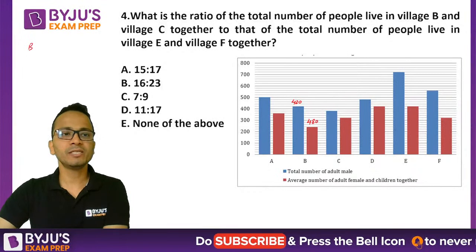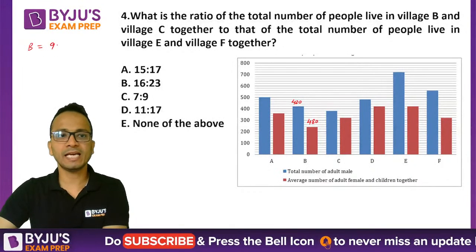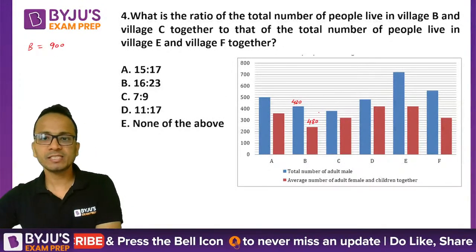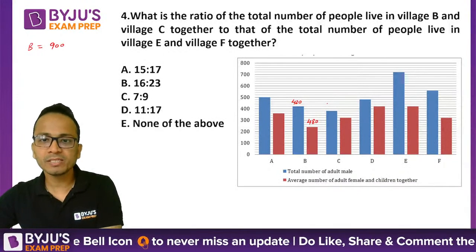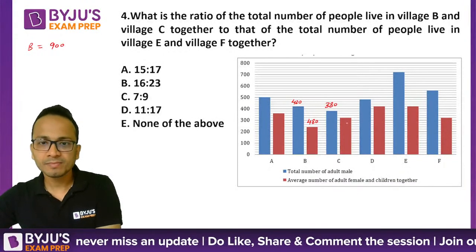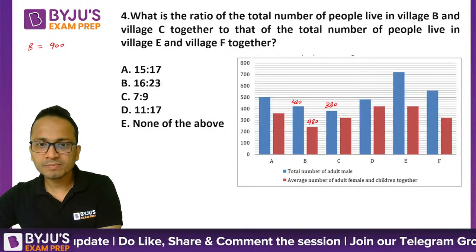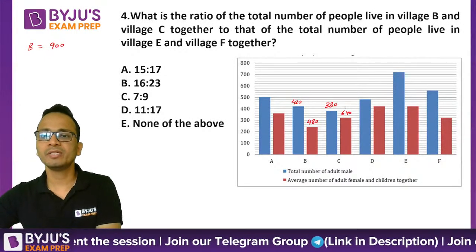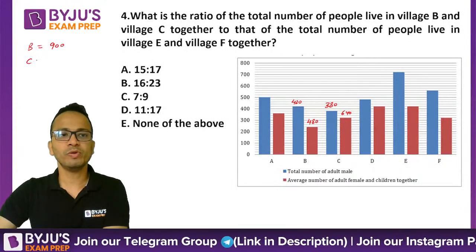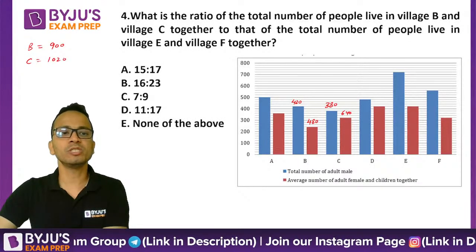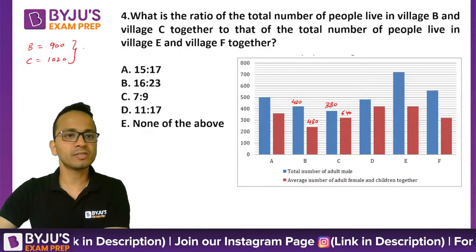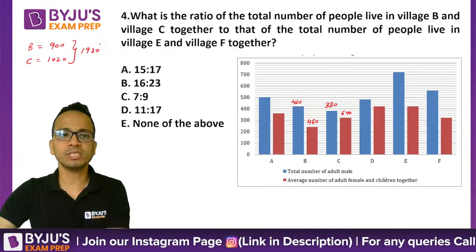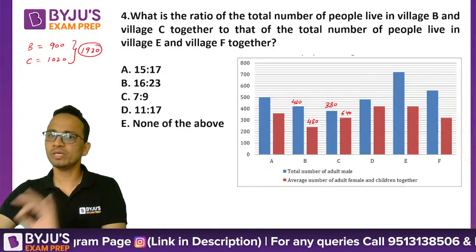So village B total number of people is 900. Village C similarly it is 380 and 640. So 900, 1020. Village C is 1020. So the sum here is 1920. So 1920 is the first value.